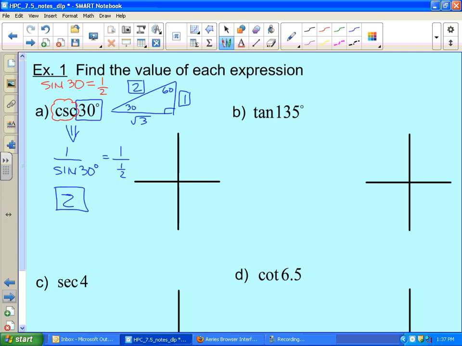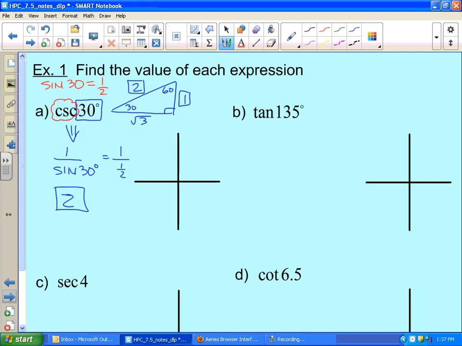And again, your calculator probably does not have cosecant, cotangent, or secant buttons on it. Most of them do not. In fact, I'm not sure any of them have those. They will all have cosine -1, sine -1, tan -1. Those are not the same thing as cosecant, secant, and cotangent.